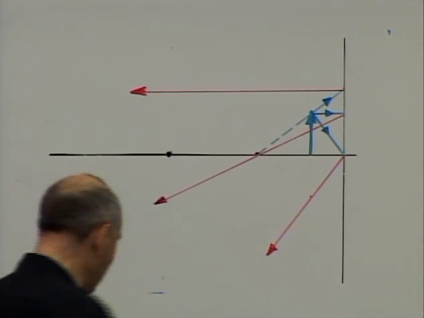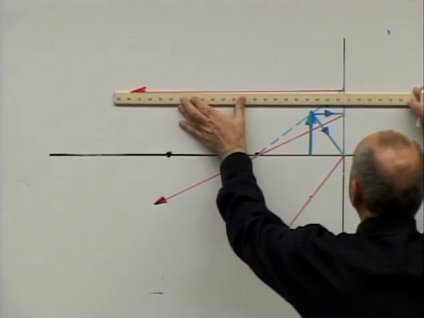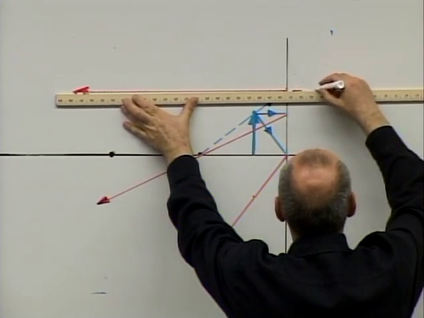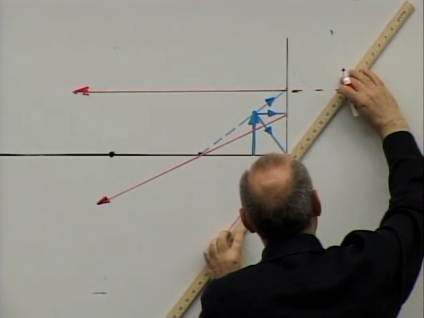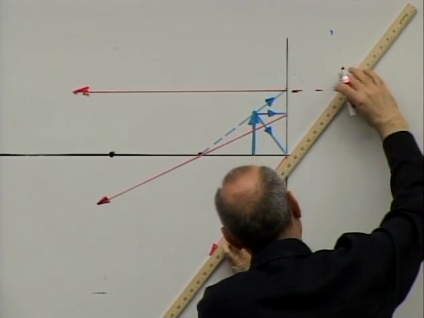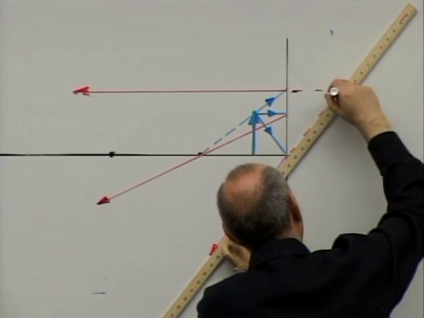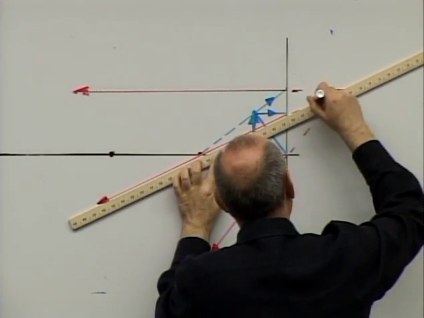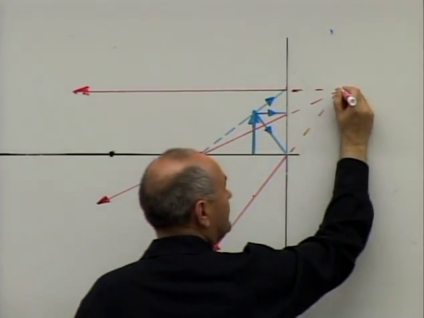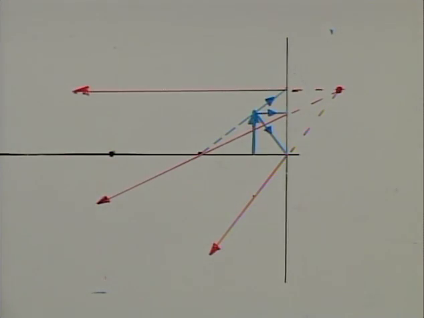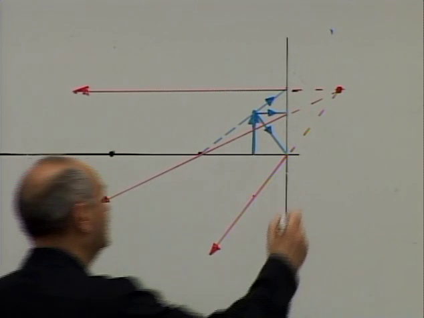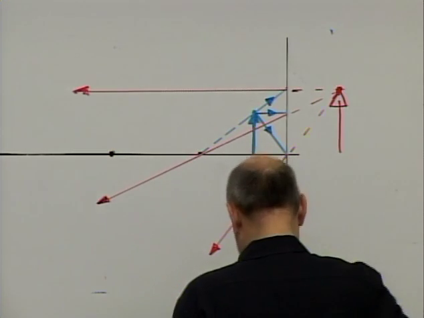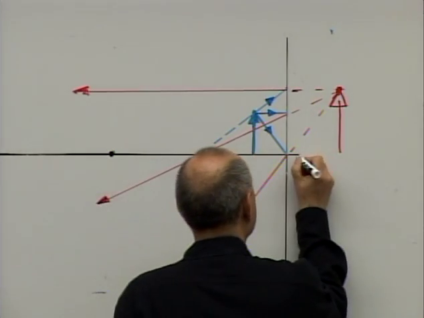However, the point is behind the mirror. So let me draw extensions of those rays. Yes, so they all appear to come from that point. Here is the image, and if I draw an entire arrow, this is the image of the arrow.